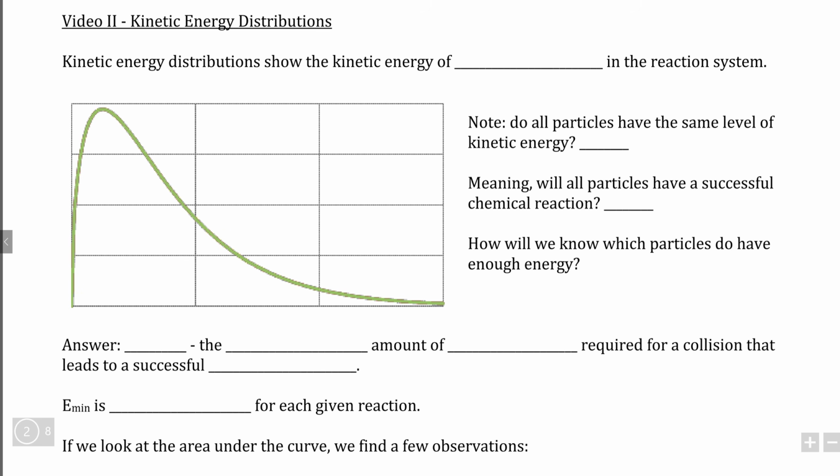In this video, we're going to try and resolve one of the issues from the previous video, namely the fact that we cannot measure the kinetic energy of each individual particle in a reaction system.